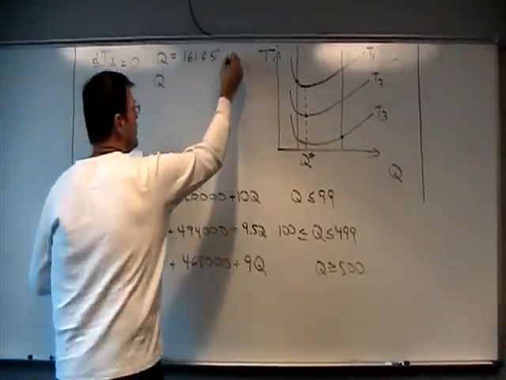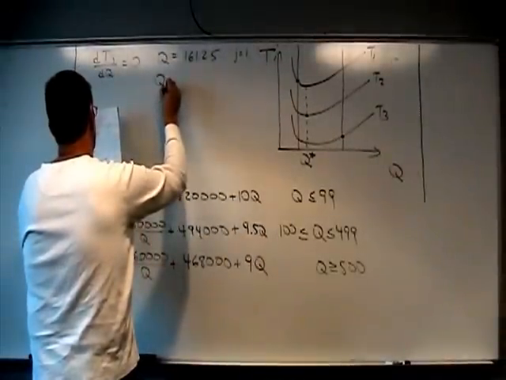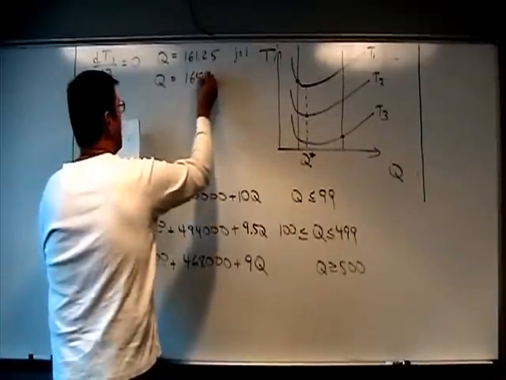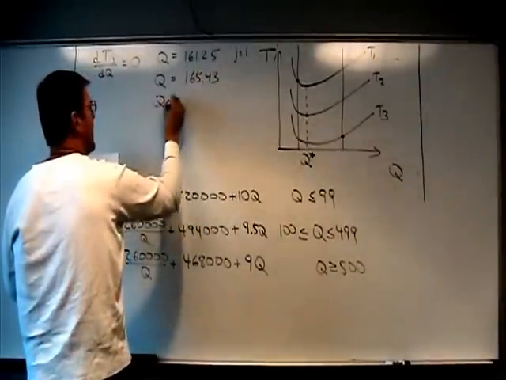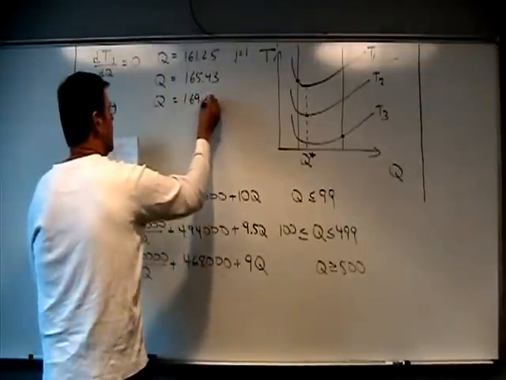This is for j equals 1. For Q in the second case, it would be 165.43. And in the third case, it would be 169.97.